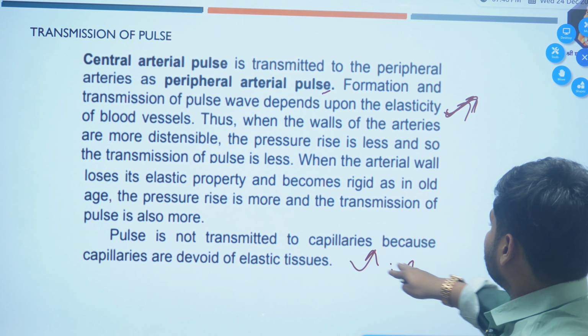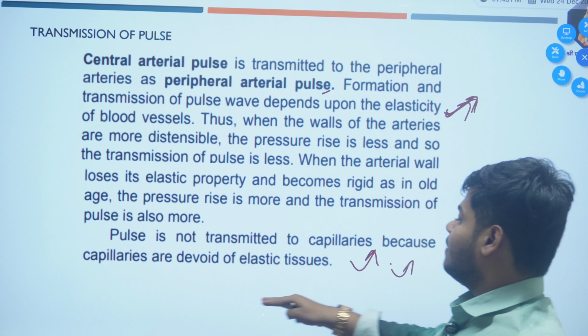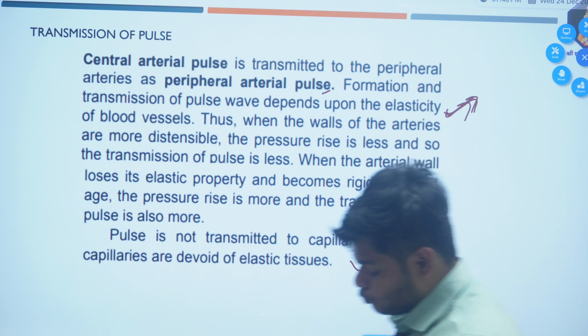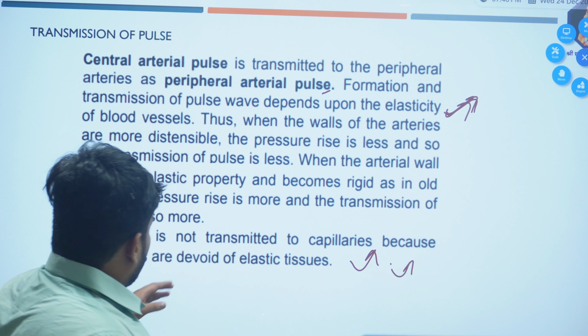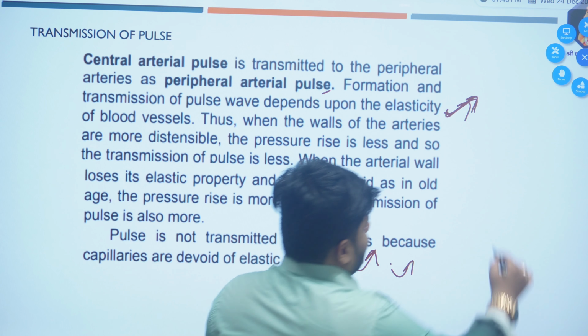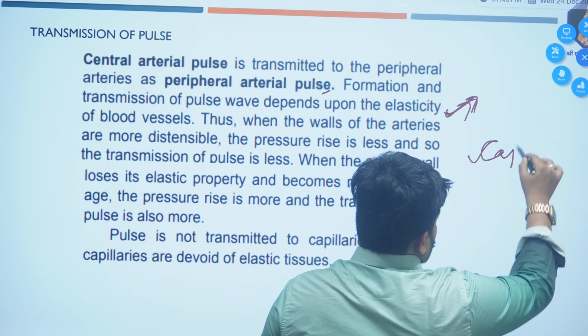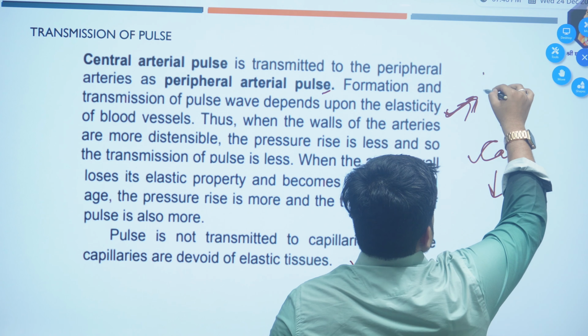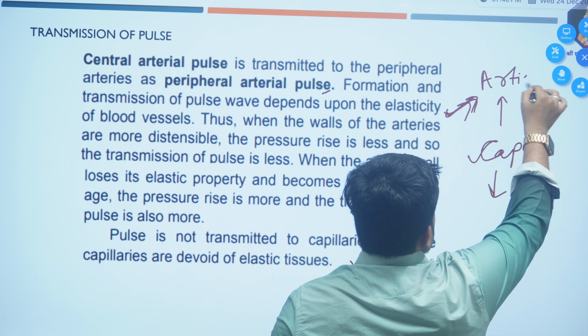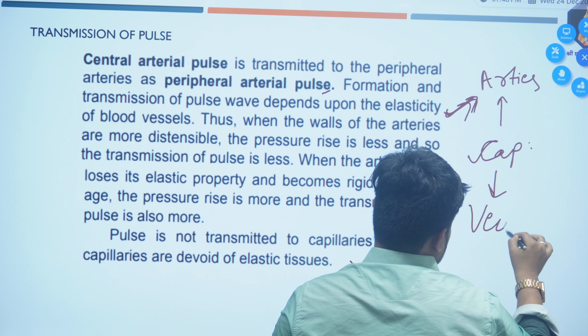Pulse is not transmitted to capillaries because capillaries are devoid of elastic tissues, right? We know the capillary, and then the arteries and veins, right?